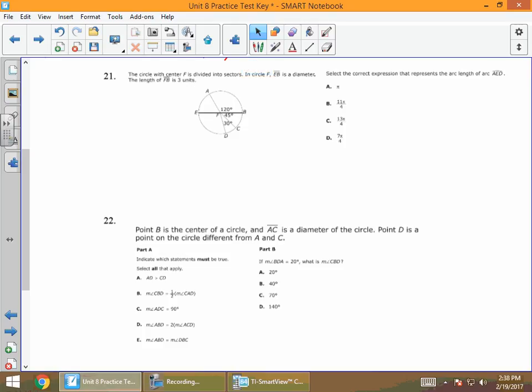There we go, now we can see it. It says EB is a diameter. The length of FB, so the radius here, is 3. Which means the diameter is twice of that, so that means it's 6.